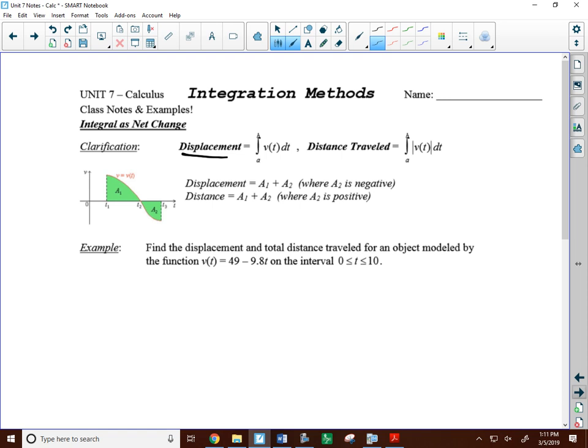My total distance, though, was 3 and then 1 backwards. So displacement was 3 plus a negative 1, and we got 2. Distance was really 3 plus the absolute value of negative 1. So we included that as a positive 1 and got 4.